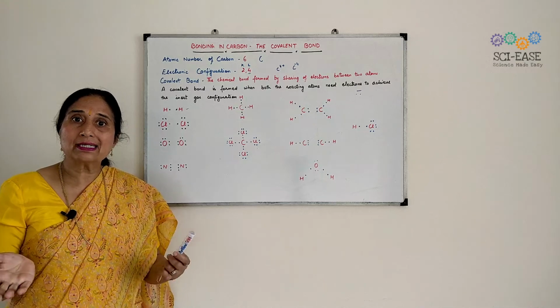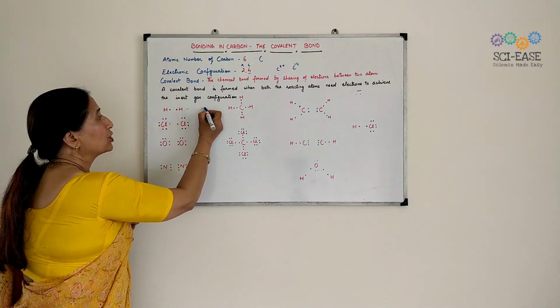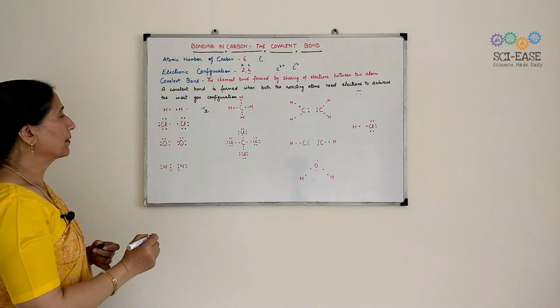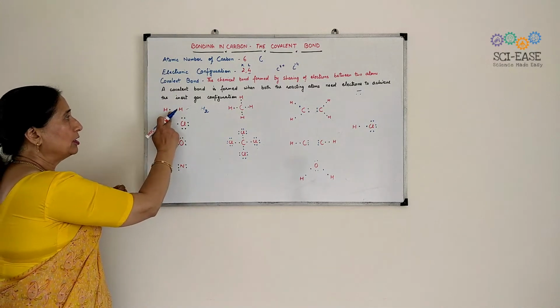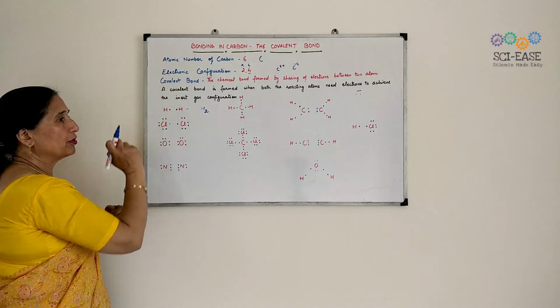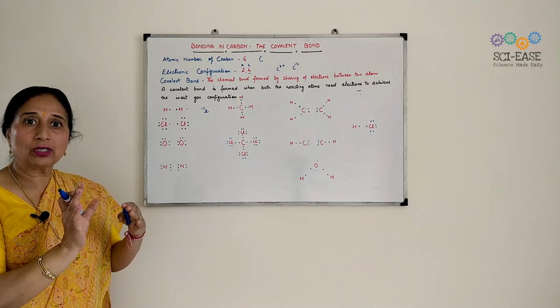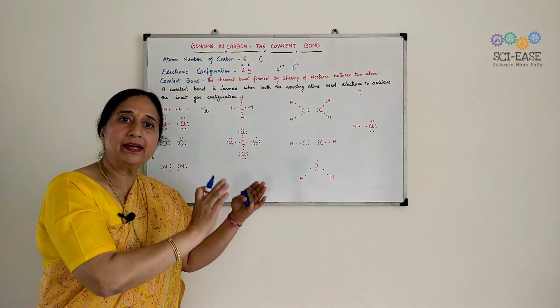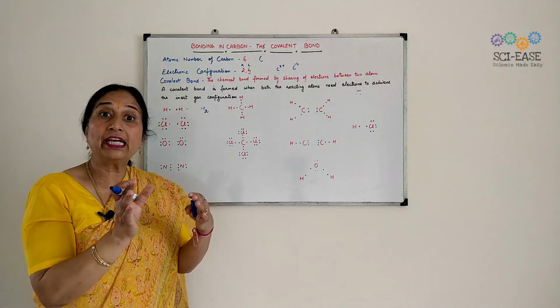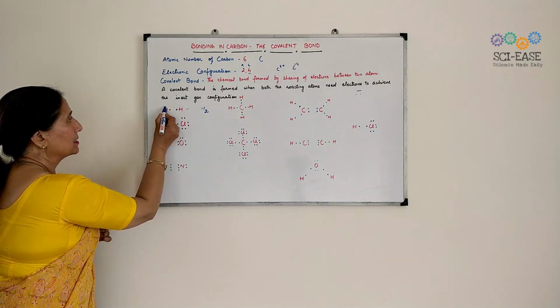It can't exist as H. It can exist only as H2. So one electron from one hydrogen atom and one electron from another hydrogen atom, they will share these electrons and they will acquire the nearest noble gas configuration of helium.